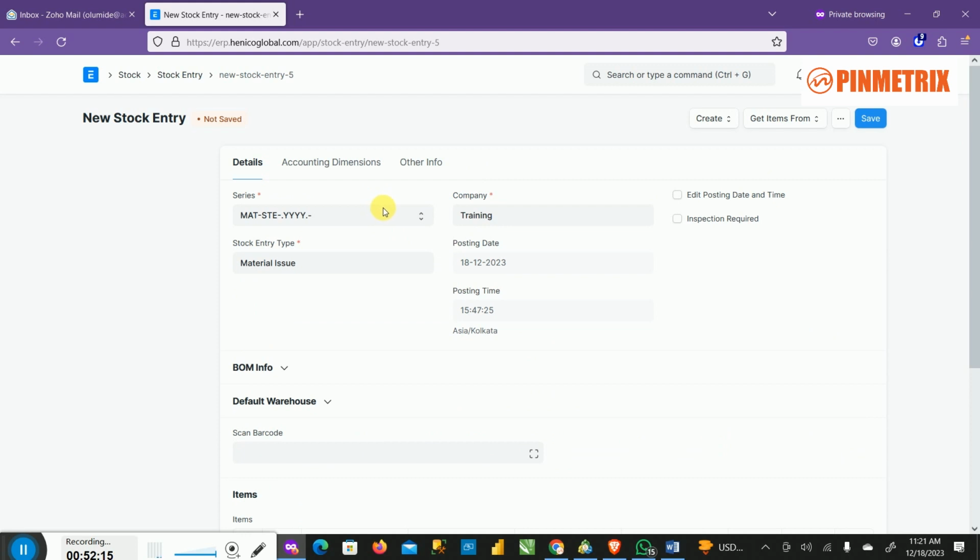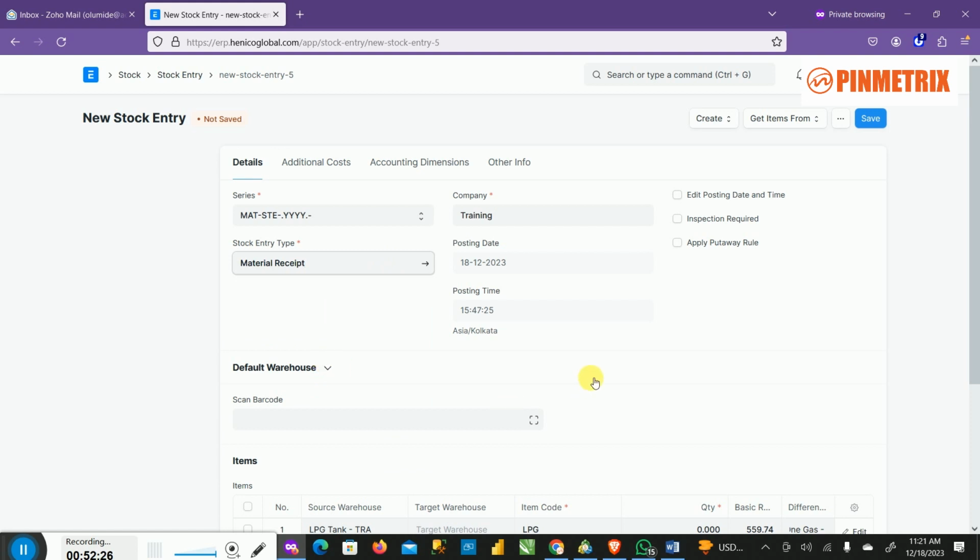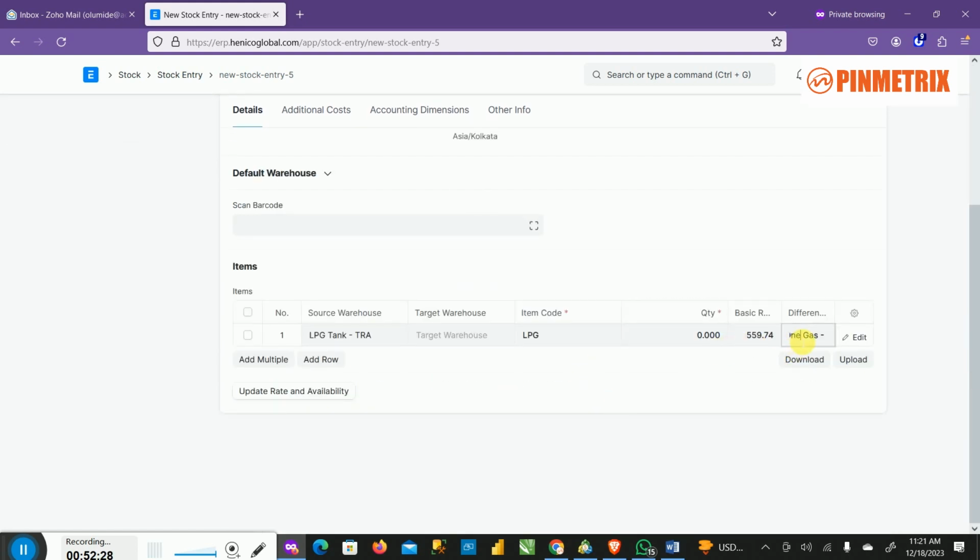What you are changing is this: you are not using material issue again, now you are using material receipt. And this account must be the same ledger account. What you gave to them, they are now returning to you.